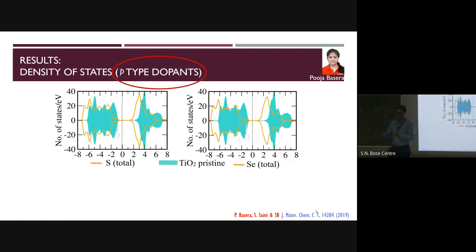Of course, the Fermi energy in the pristine system and in the defect system are different, but I'm aligning both at 0 so that I can compare. Yes, because the number of electrons is different. So obviously it is N type and sometimes it is P type, depending on whether the defect is giving electrons to the system or taking them out.